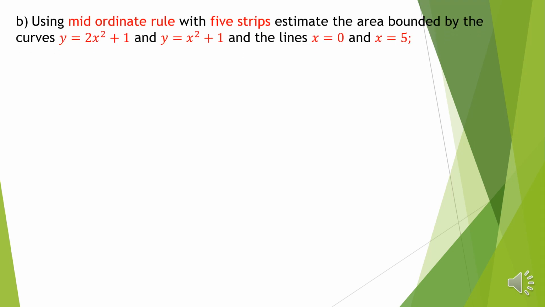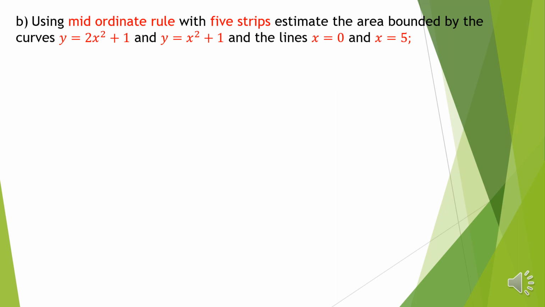Question B was going that using the mid-ordinate rule with 5 strips, estimate the area bounded by the curves y equals 2x squared plus 1 and y equals x squared plus 1 and the lines x equals 0 and x equals 5. We've already used the trapezium rule and we've gotten the answer as earlier provided.